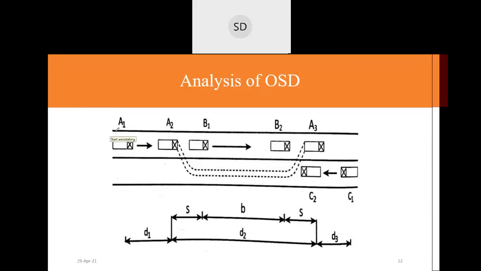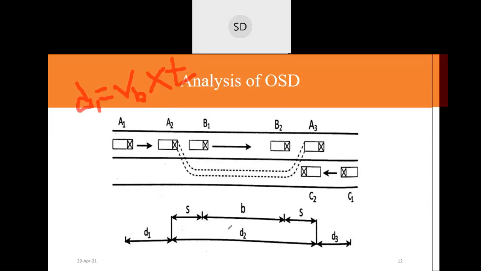From position A1 to A2, that distance d1 is equal to vb into t, where t is your reaction time, and in overtaking cases t is considered as 2 seconds. So your d1 is vb into t.